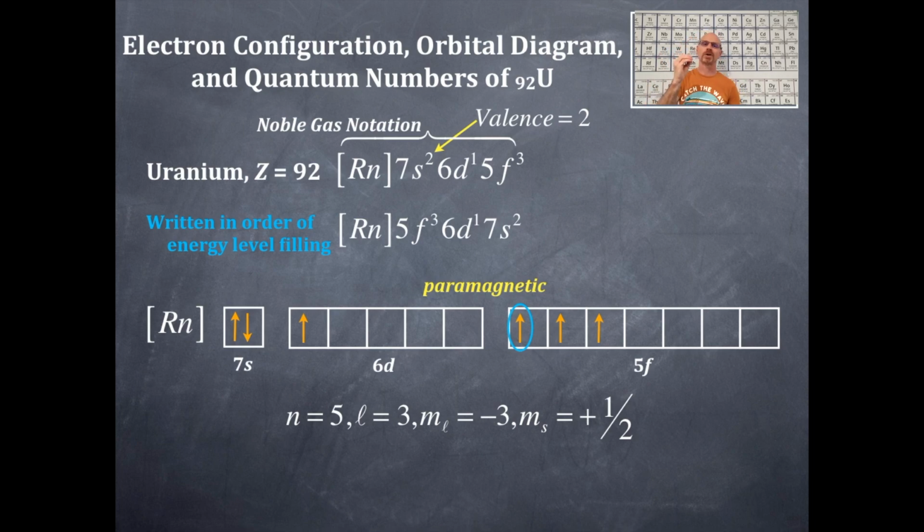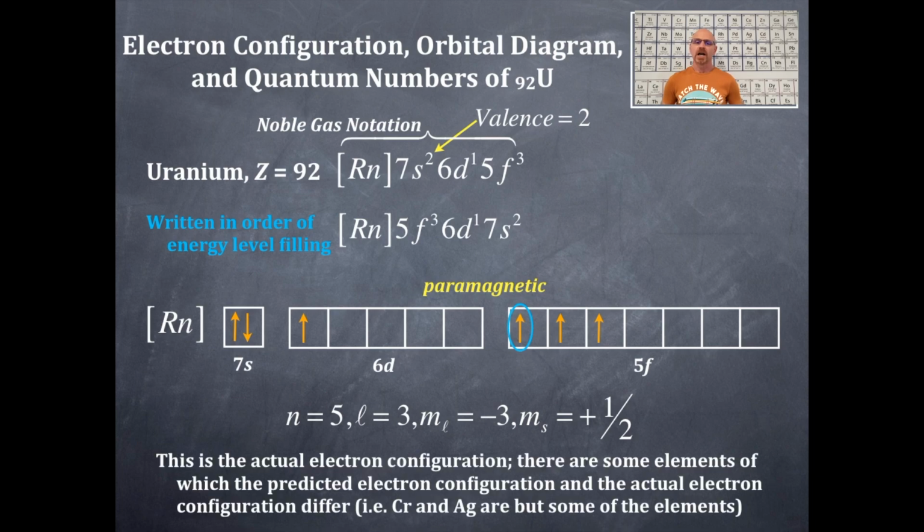Now, if you look at that 5f in the orbital box diagram, go up from that and label that box as a 0. Then to the left of that, -1, -2, -3. What box is it in? It's in the m sub l box of -3. It's an upwards facing arrow. That's going to heaven. That's got to be positive. So that's a +1/2 for the m sub s value. So that should be nailed down pretty nicely.